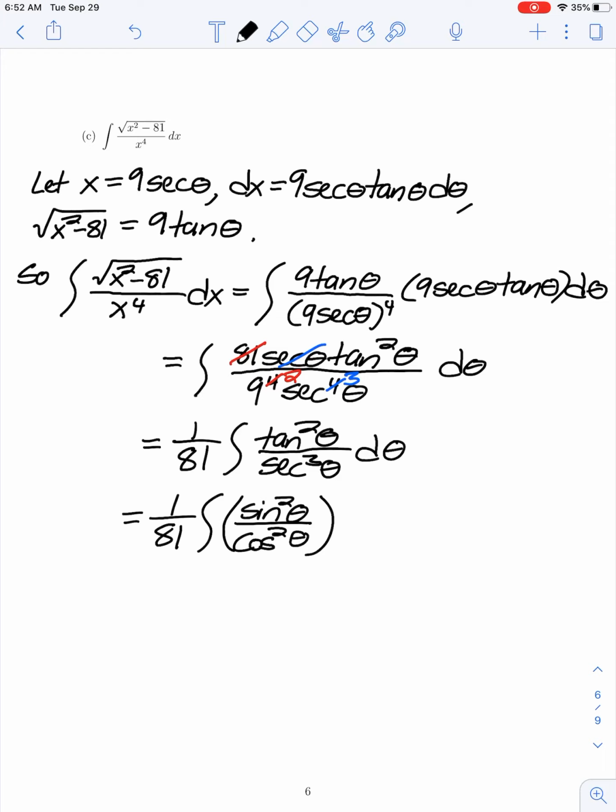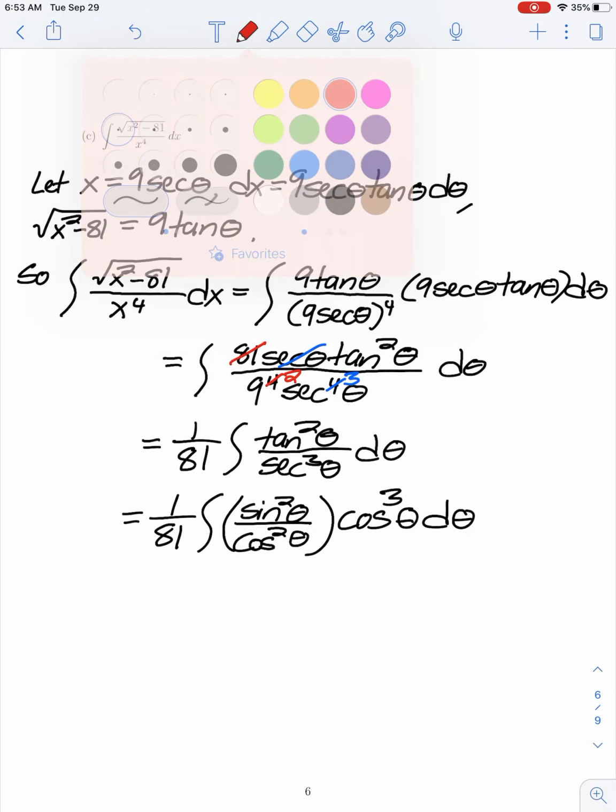And then we were dividing by secant theta cubed. Now secant theta is 1 over cosine of theta. So if we have 1 over secant, that's the same as cosine of theta. So the 1 over secant cubed is the same as cosine cubed.